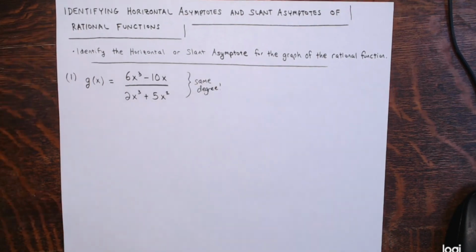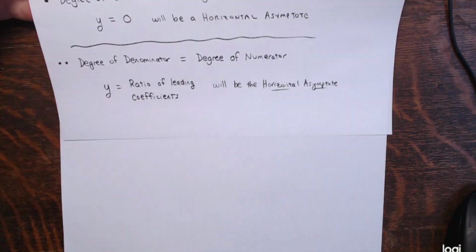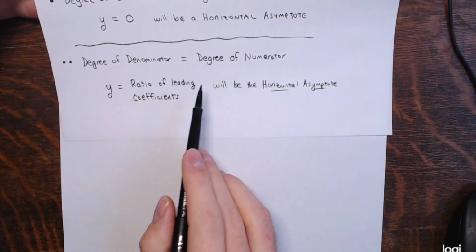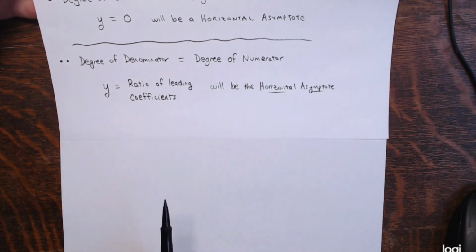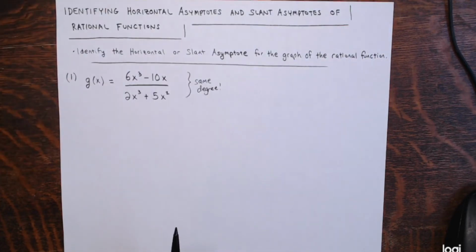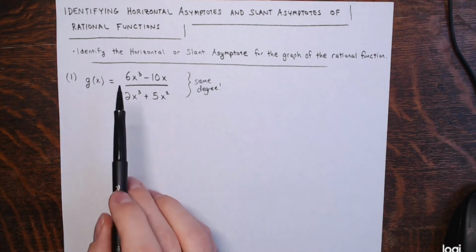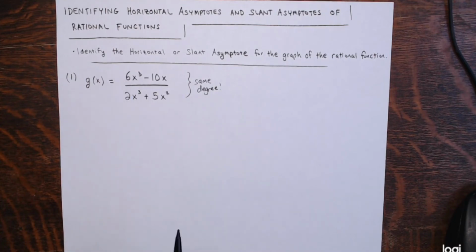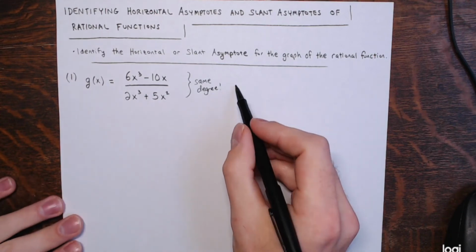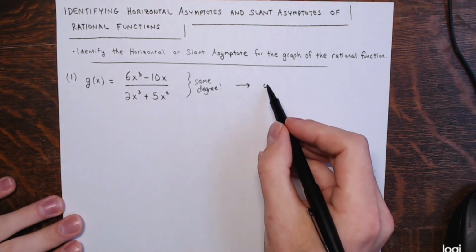And remember what I wrote earlier, if they have the same degree, then you're just going to be looking at the ratio of the leading coefficients. That's going to be where the horizontal asymptote will occur. Well, the leading coefficients are 6 and 2, so 6 over 2 is 3. Y equals 3 will be the horizontal asymptote.